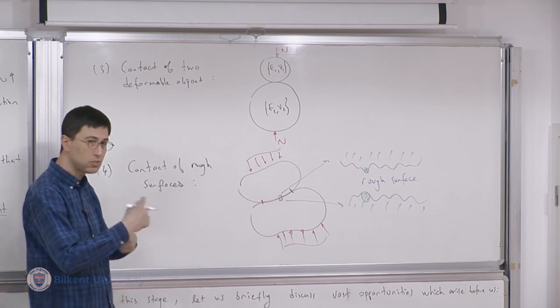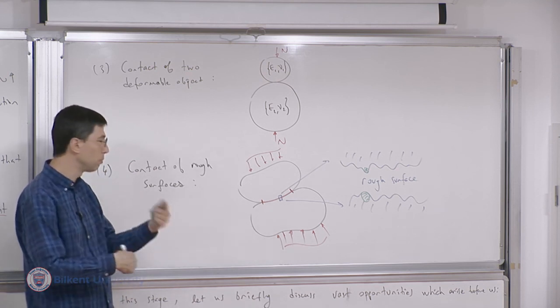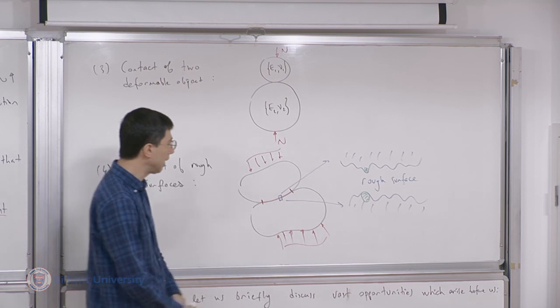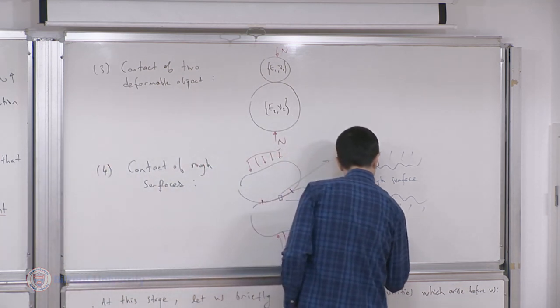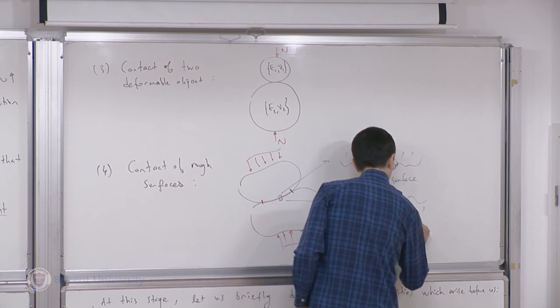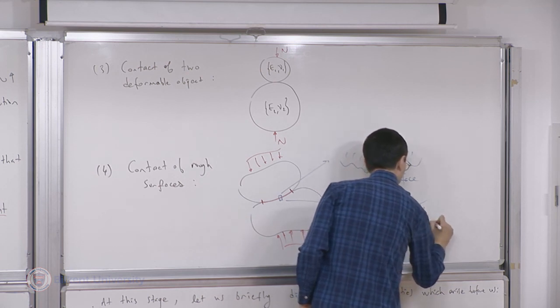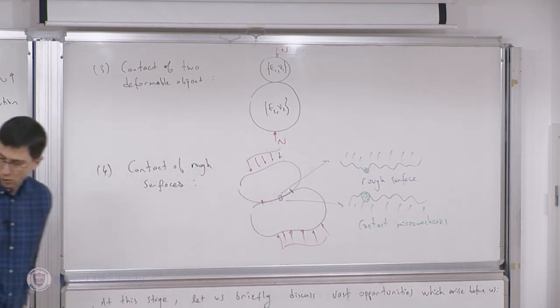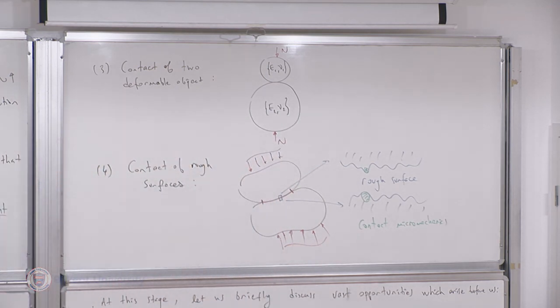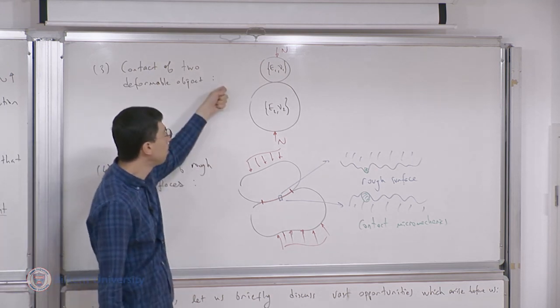So you have to somehow take into account all the possible combinations if you want to look at the micromechanics of this contact problem. But really, the underlying idea at one point or another goes back to the first problem that we solved. In order to say something about this problem, you have to understand something about this problem.